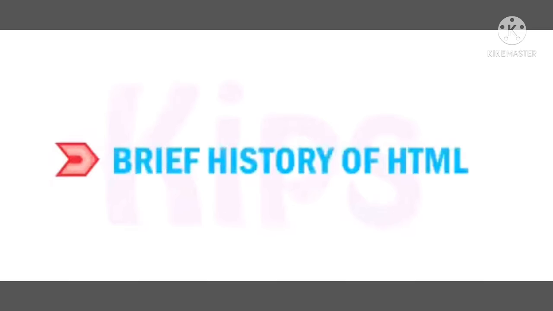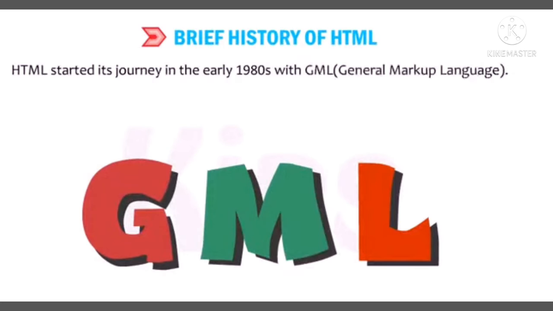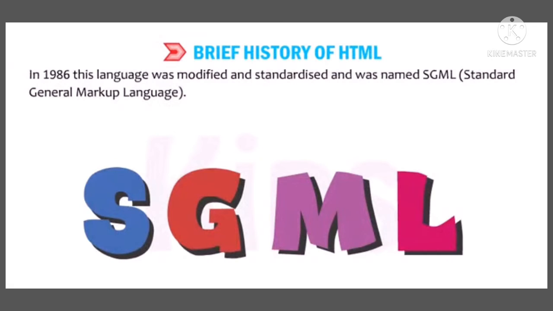Let's discuss the history of HTML. In the early 1980s, it started its journey with the name General Markup Language, that is in 1980. After that, this language was modified and named SGML, that is Standard Generalized Markup Language, in 1986.